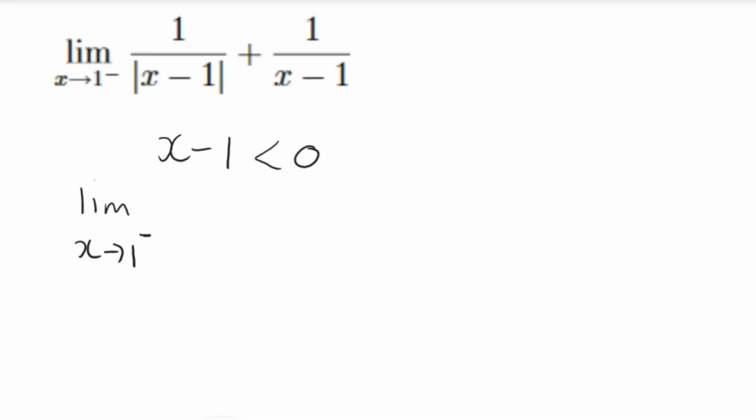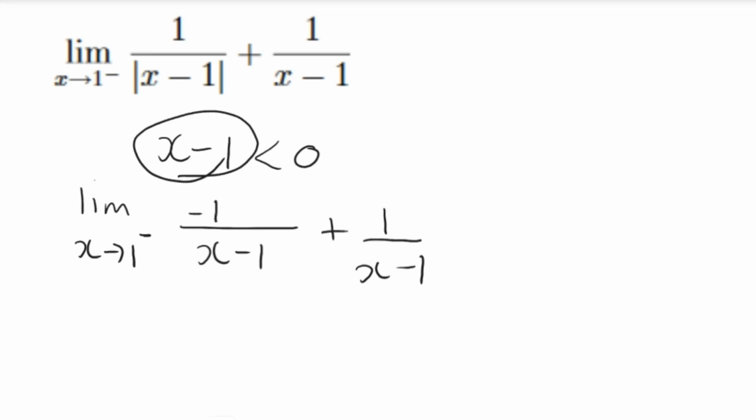Okay, so we can write the negative with the 1 there on top, and then we have there x minus 1. We can write like this, plus 1 over x minus 1. When we approach this limit from the left of 1, if this value wants to become a negative number, we put a negative sign to do away with that negative so that it remains positive.